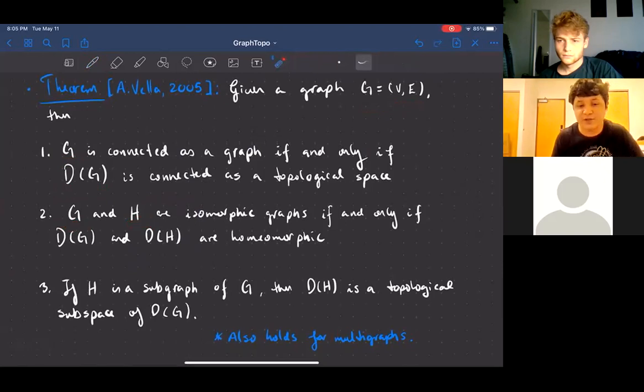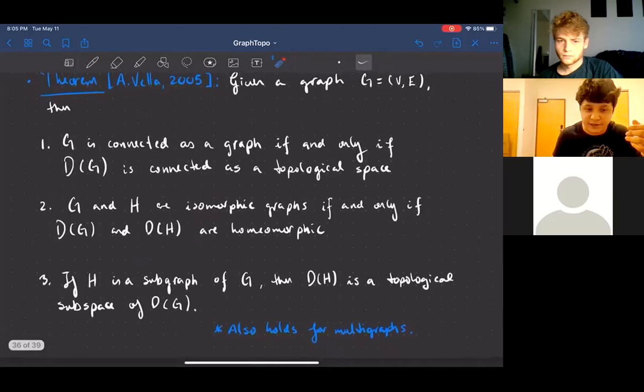Two graphs will be isomorphic if and only if the digital topological spaces of those two graphs are homeomorphic. And finally, if we have a subgraph H of some initial graph G, then the topological space of the subgraph will be a topological subspace of the topological space of the initial graph.